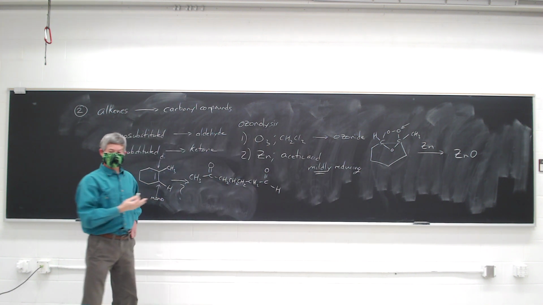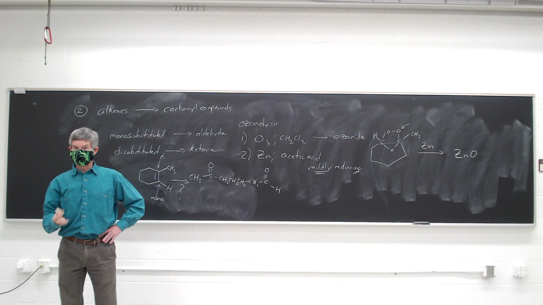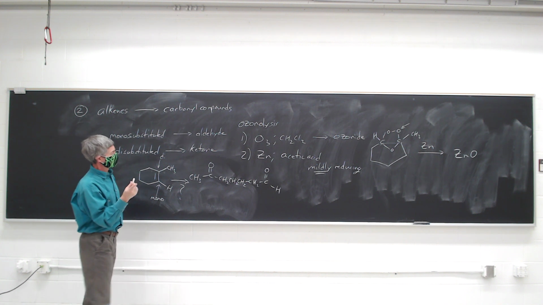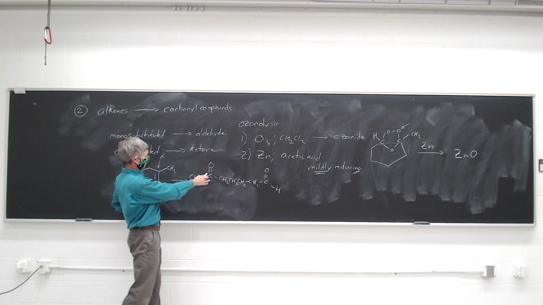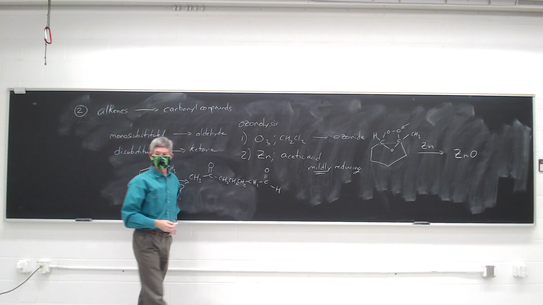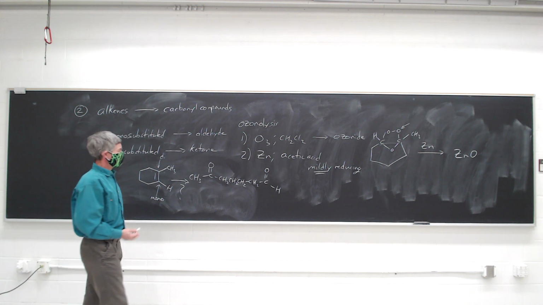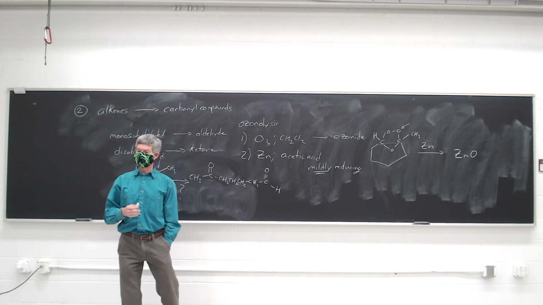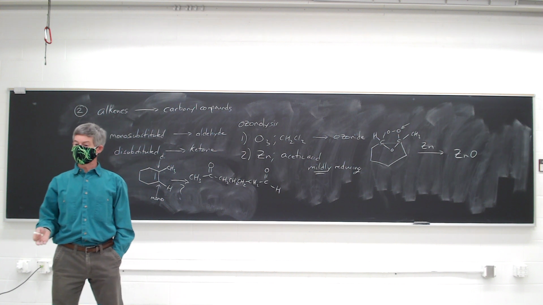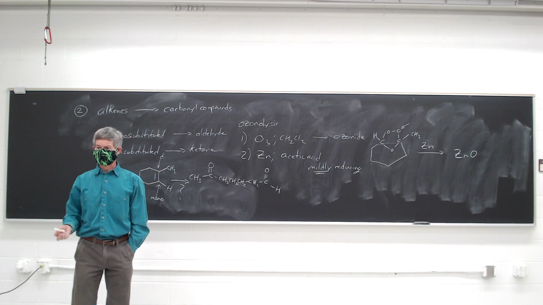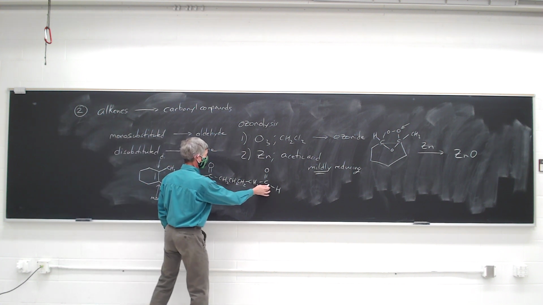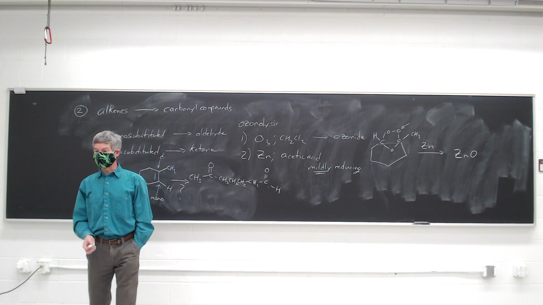If you work it up with a strongly reducing reagent, like sodium borohydride, you can actually get alcohols out instead. So you would get a secondary alcohol here and a primary alcohol there by working up with a strong reducing agent. You can also work these up with an oxidizing agent. If you work it up with hydrogen peroxide instead of the zinc and acetic acid, you'll get a carboxylic acid on the end, so effectively over-oxidation.